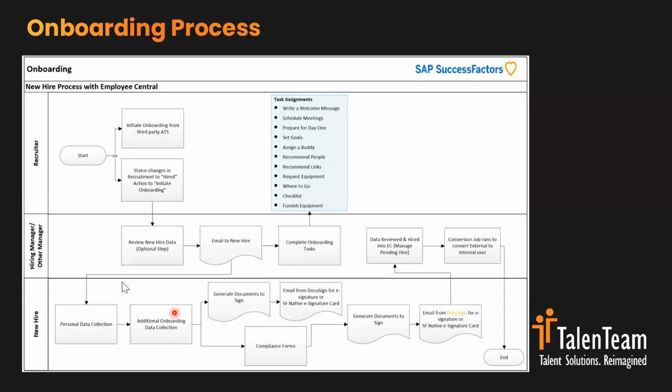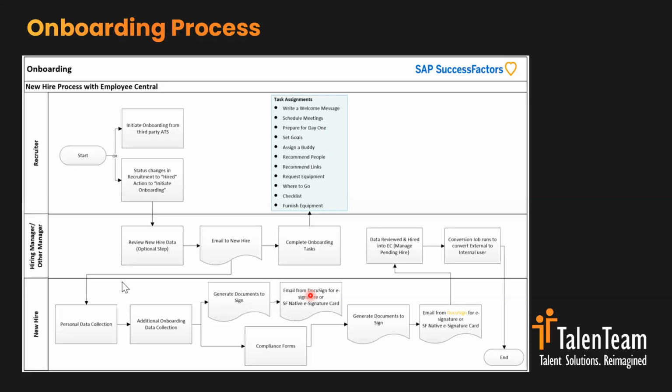Once after this step, the compliance forms are specific to a few countries alone, which are Australia, Canada, US and UK. For the rest of the countries, the compliance forms are not available as of now in SuccessFactors onboarding. For them, you can have different policy agreement documents configured, which are required as part of onboarding.